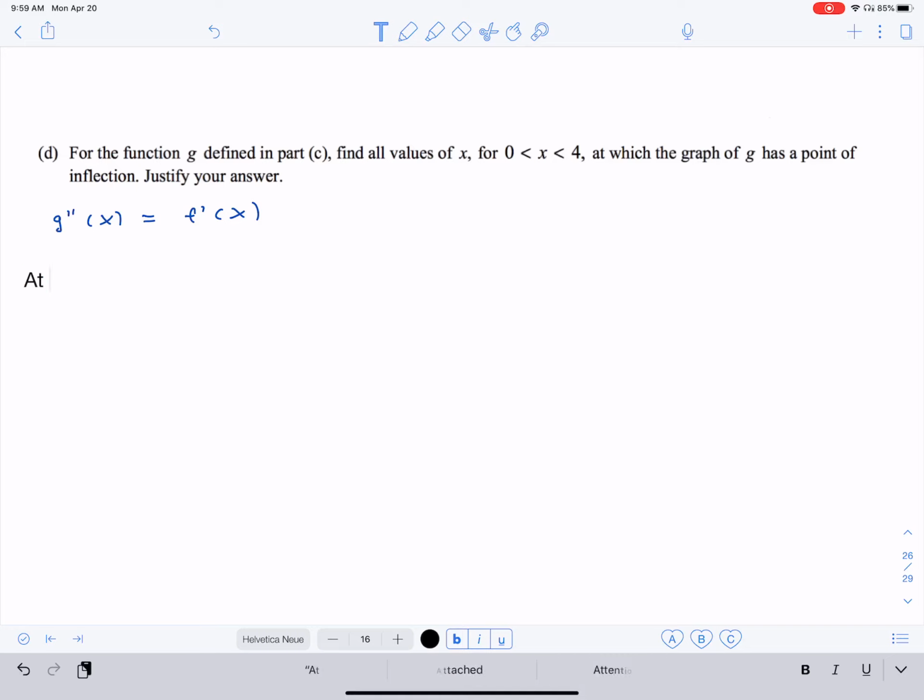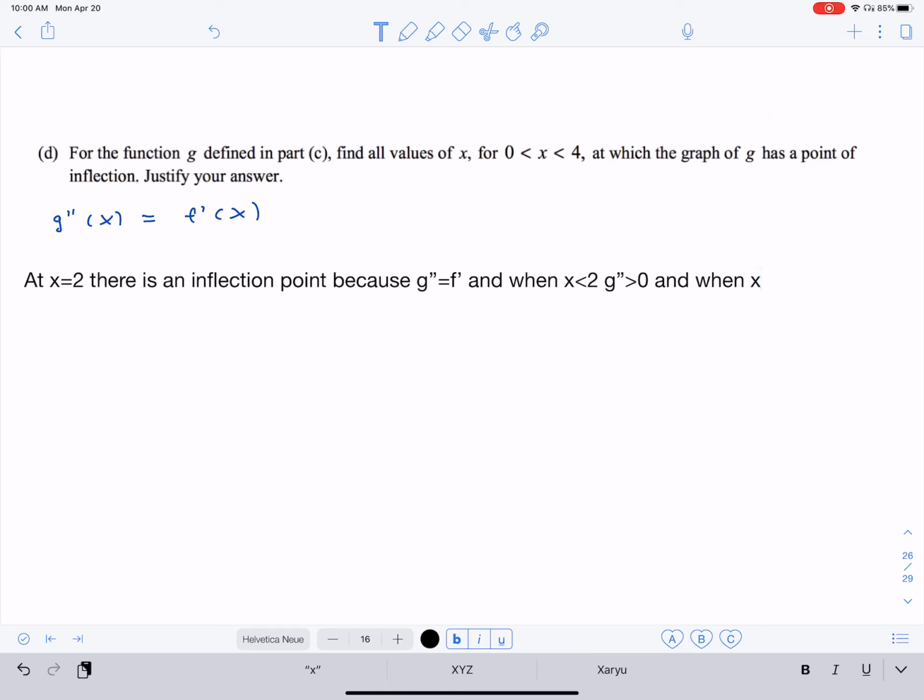At x equals 2, there is an inflection point, because g double prime equals f prime, and when x is less than 2, g double prime of x is greater than 0, and when x is greater than 2, g double prime is less than 0.